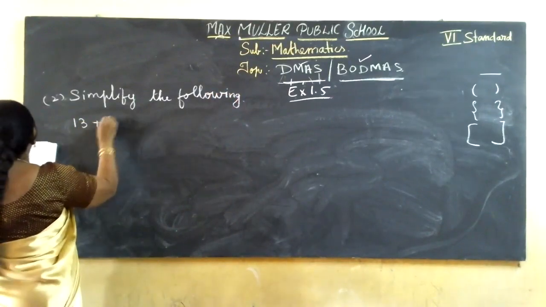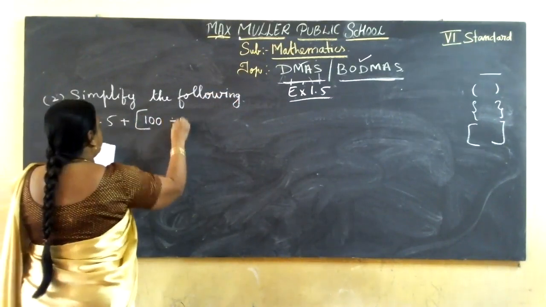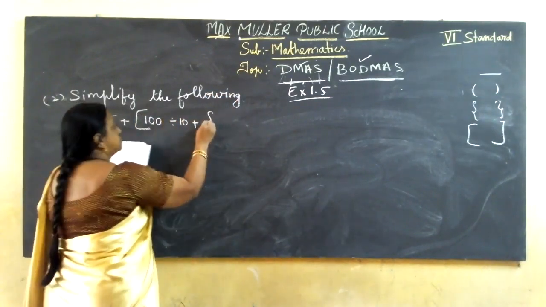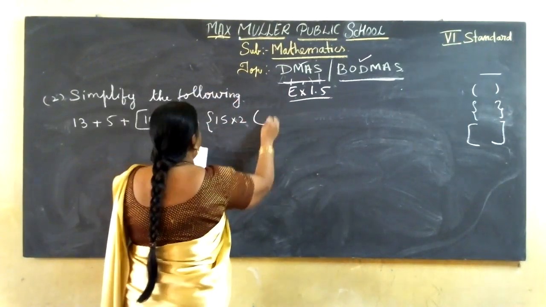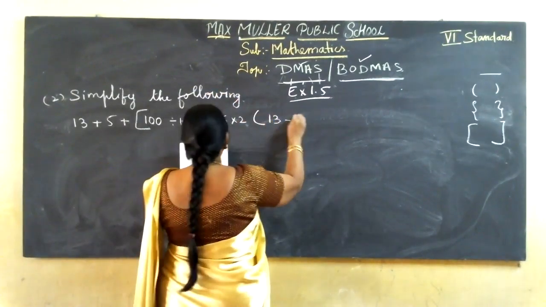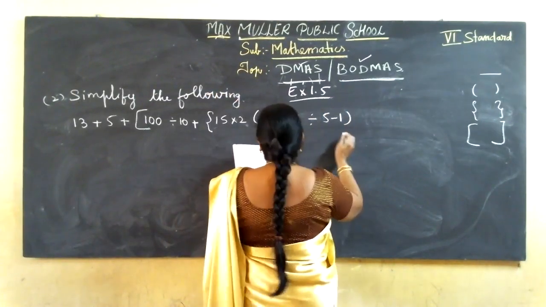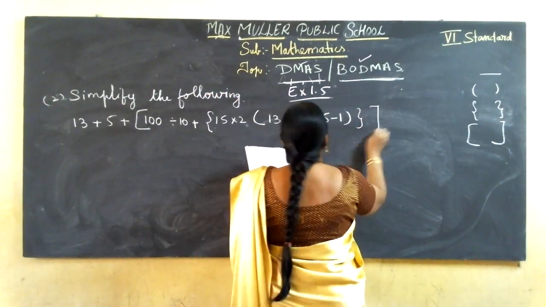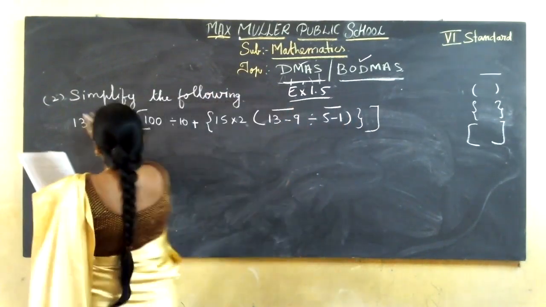13 plus 5 plus, open the bracket, 100 divided by 10 plus, curly bracket, 15 into 2, open, 13 minus 9 divided by 5 minus 1. Here bar bracket bar, here also one bar.